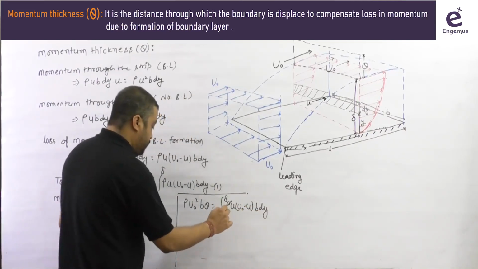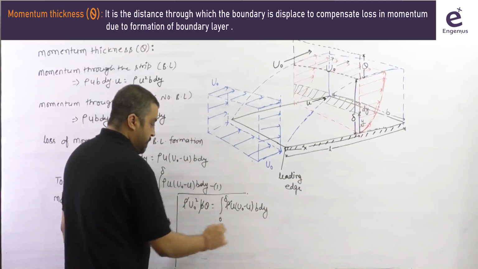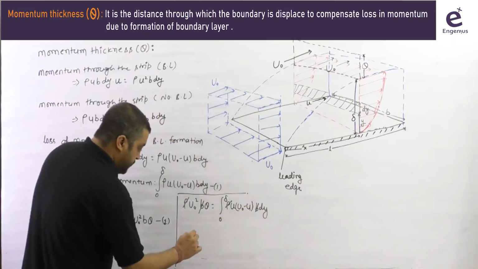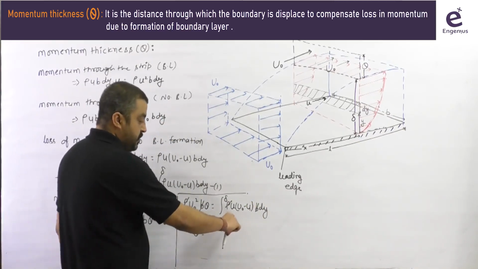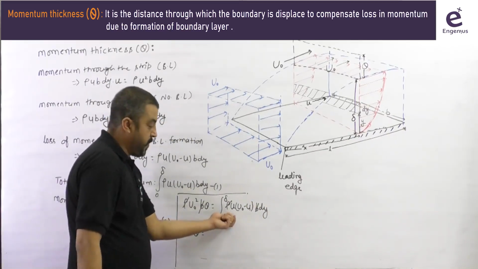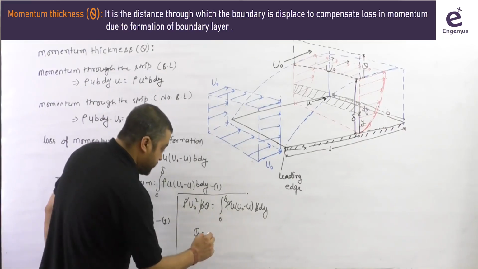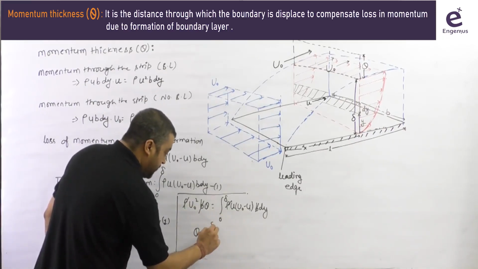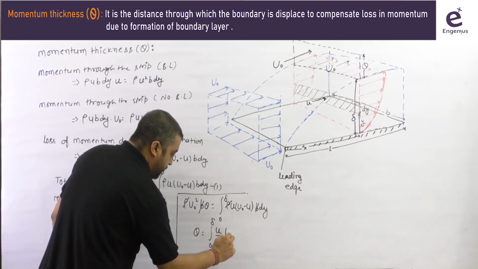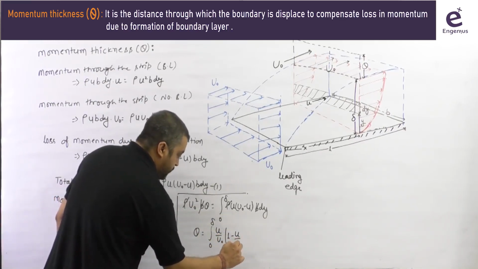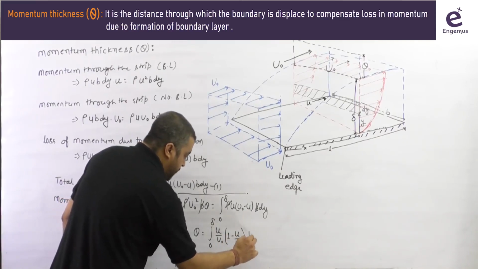Here rho is the same on both sides, b is the same. Now theta: this is u naught square going down here. I am taking one u naught out here, one u naught in here. So in this case this becomes integral 0 to delta of u by u naught into 1 minus u by u naught dy.